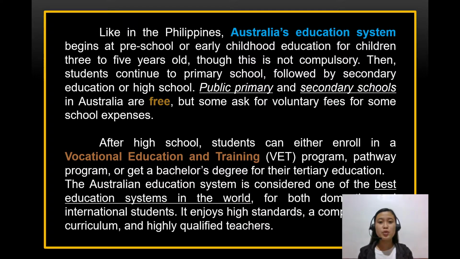Students can pursue post-secondary education by enrolling in a vocational education and training or VET program, or a bachelor's degree after high school. For both domestic and international students, Australia's education system is regarded as one of the greatest in the world. It has strong academic standards, a broad curriculum, and highly qualified teachers.